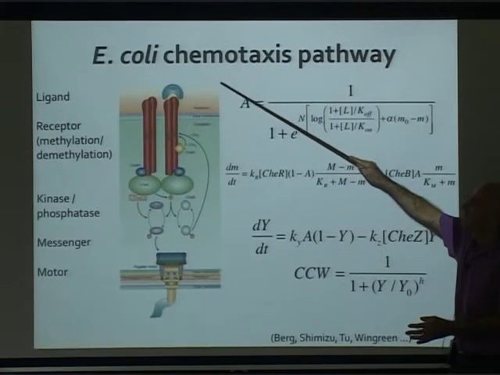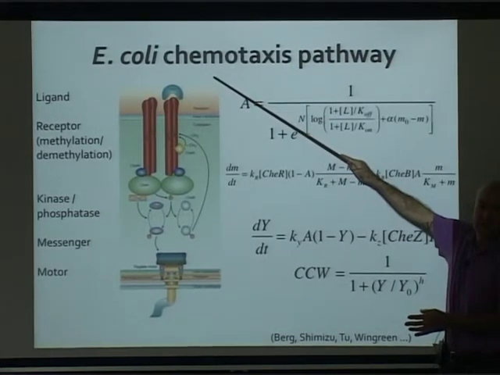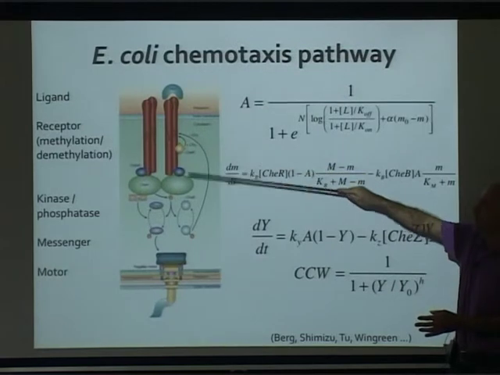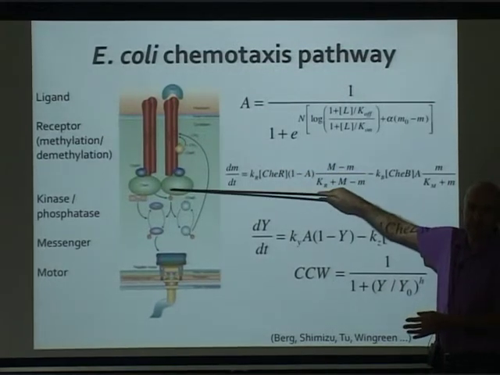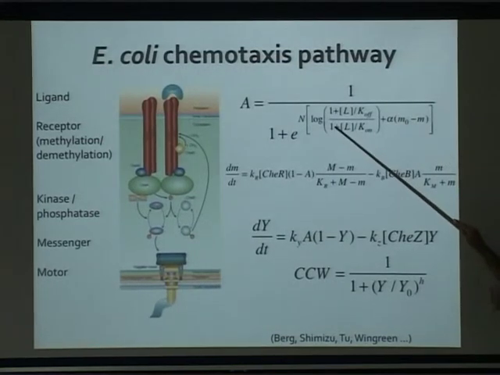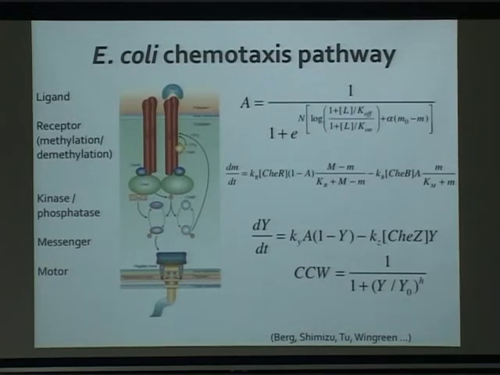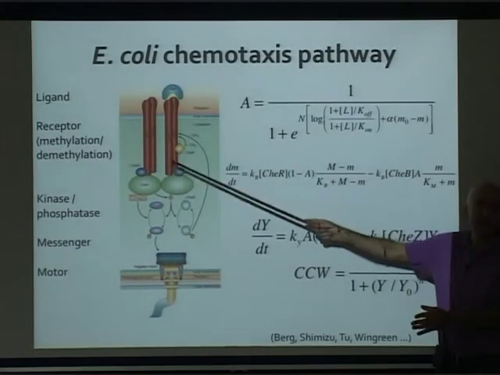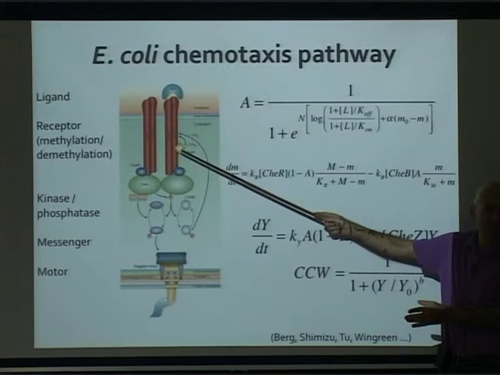There is equilibrium between the ligand and the receptor, and between the receptor and the phosphorylation state. So all these reactions give you an equation rather than a differential equation. These things equilibrate instantaneously, because the time scale for this is on the order of a millisecond.